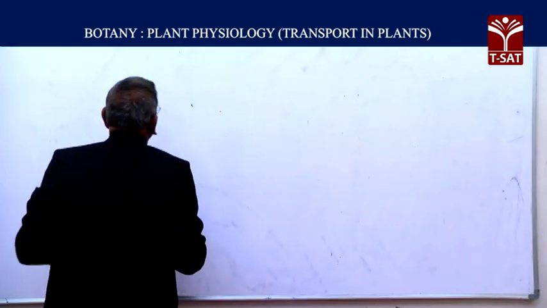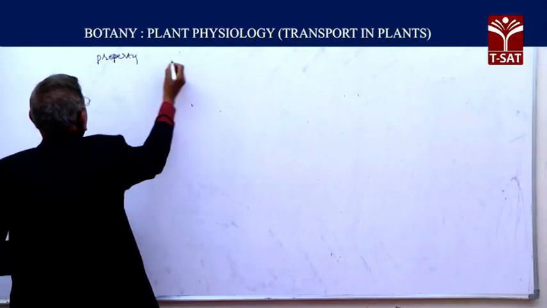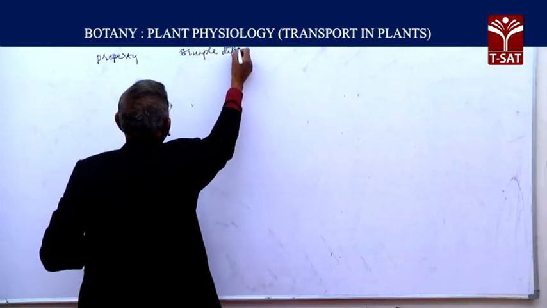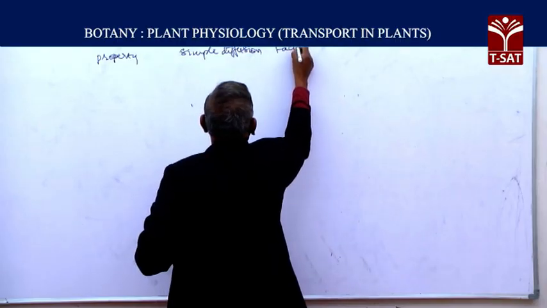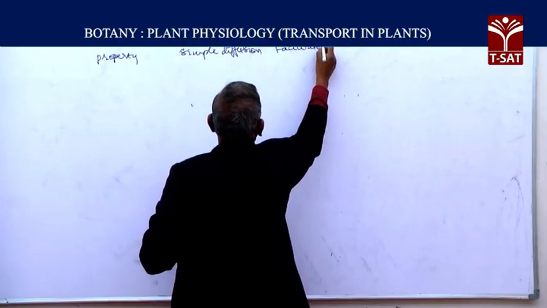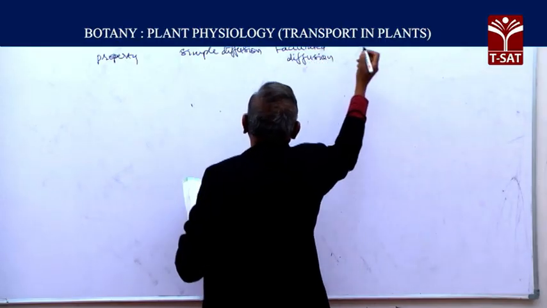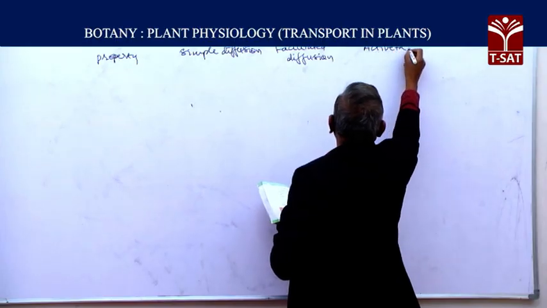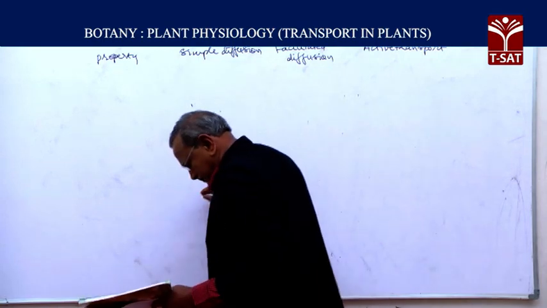Here we have property, simple diffusion, facilitated diffusion. The third means is active transport.